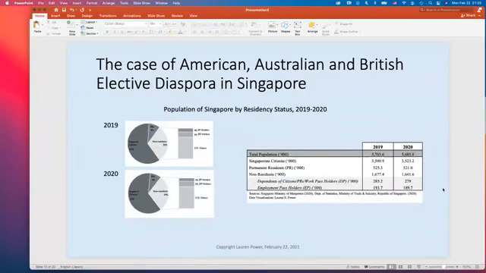So in the case of American, Australian, and British elective diaspora in Singapore, how significant is this group? Well, you can see here, maybe you can see, I see that it's a bit blurry, sorry about that, but foreign nationals or permanent residents plus non-residents, non-Singaporean citizens make up approximately 40% of Singapore's total population.